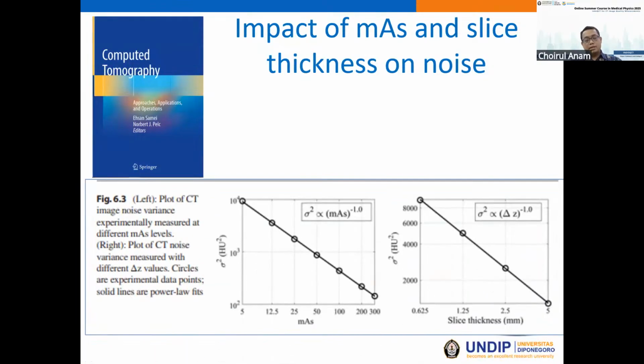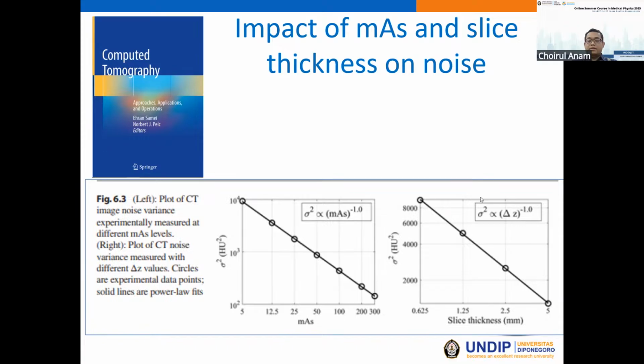Okay, now we will see the impact of the mAs or tube loading and slice thickness on the noise. As I already mentioned, the x-axis is the mAs or tube loading, and the y-axis is the noise square. And we can see here, if the mAs increases, meaning that the number of photon increases, so the noise will decrease.